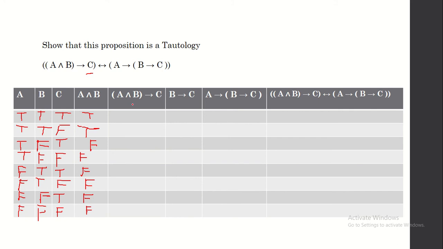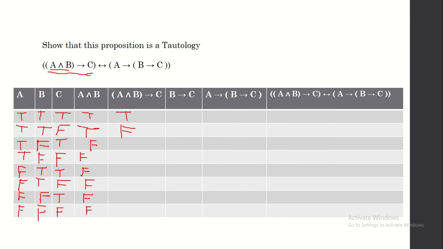Now we need to fill up this column. We have completed this part, and now we are completing this part, A and B implies C. If we complete, this is A and B and this is C, so both of them are true, so this is true. This will be false as A and B is true but C is false, right?